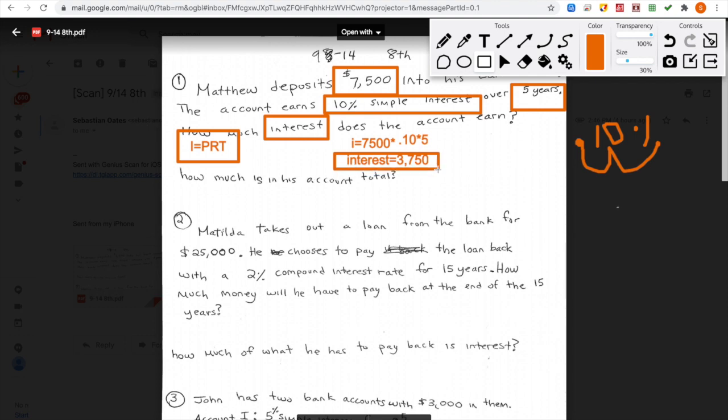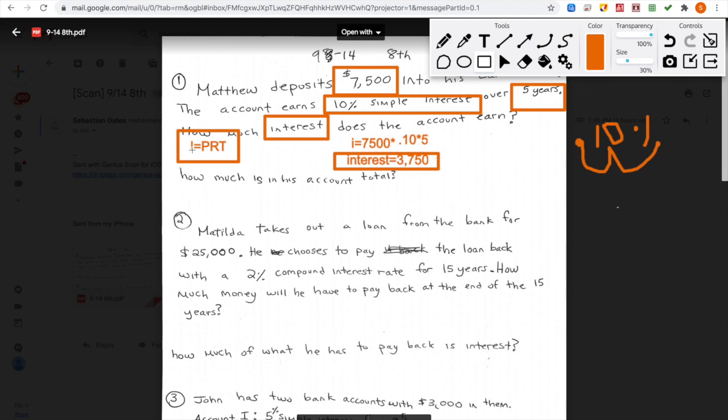Now we're going to look at this the other way. What if the question said how much is in his account total? We're still using simple interest, so we're still going to use this formula. But once again, this formula will only give us the interest. To find the total amount, we're going to have to add the interest and how much we started with.